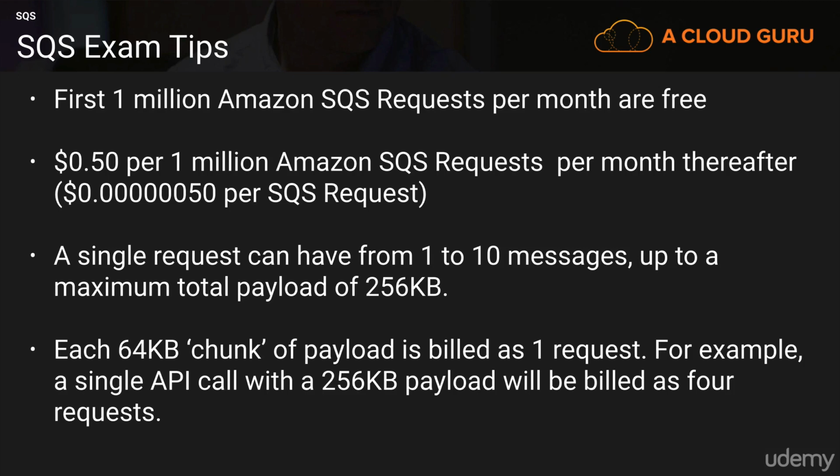So even though you might be making just a single API call for a 256 kilobyte payload, that's actually going to be billed as 4 requests, because 256 divided by 64 is 4. Even though you're making the one request, you're still going to be billed on 4 requests, because it's basically an old system whereby it used to be 64 kilobyte chunks.